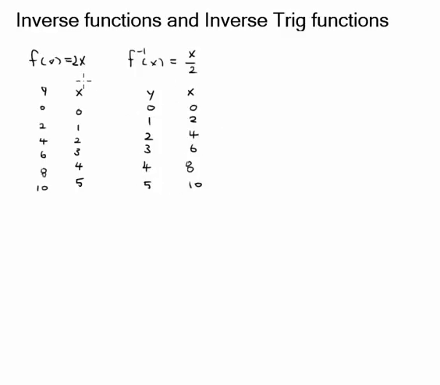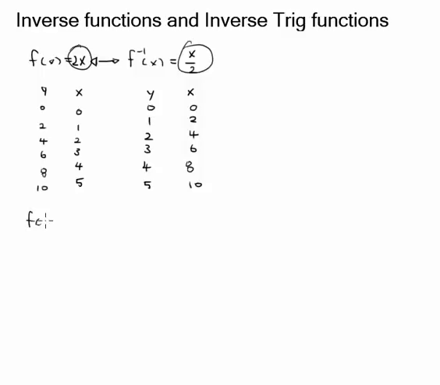So you can see that the x values here are the same as the y values over here, and the y values over here are the same as the x values over here. That's what an inverse function is really all about. So that's an inverse function of this function right here. So 2x is also an inverse function of x on 2.